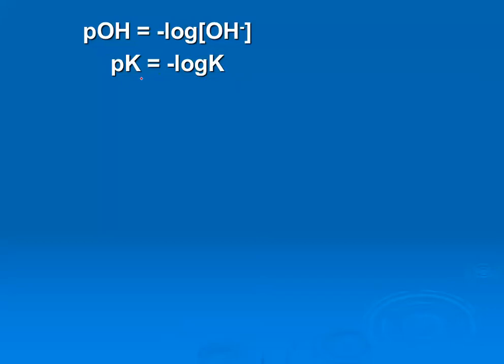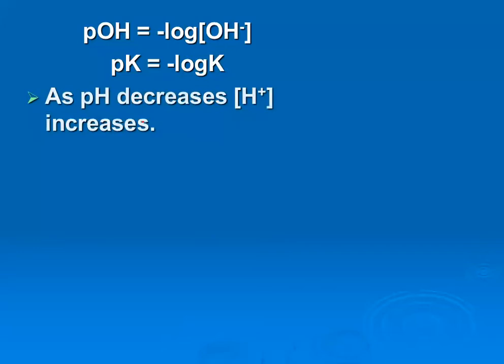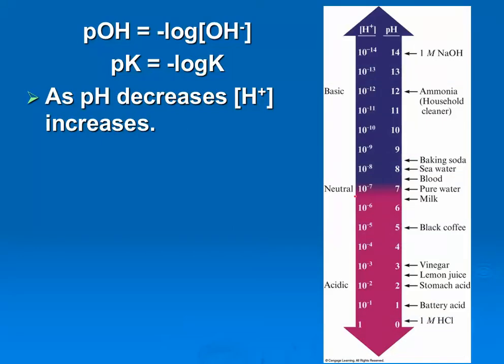And again, remember, this would be the exponent that goes along with that particular K value. pH scale. The lower the pH, the greater the hydrogen ion concentration. Okay? Low pH, high hydrogen ion concentration. So here's our nice little scale here, corresponding to our blue with our litmus paper and our red.